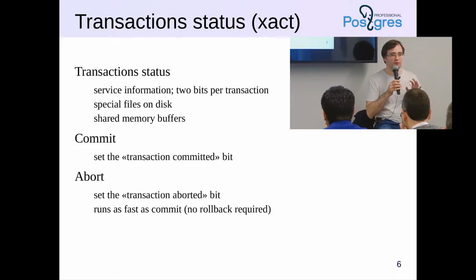It's a matter of visibility rules. When another transaction is creating its snapshot, it will see that here we have a row version, but it was created by a rolled back transaction, so I cannot see this row version, and another row version will get into the snapshot.